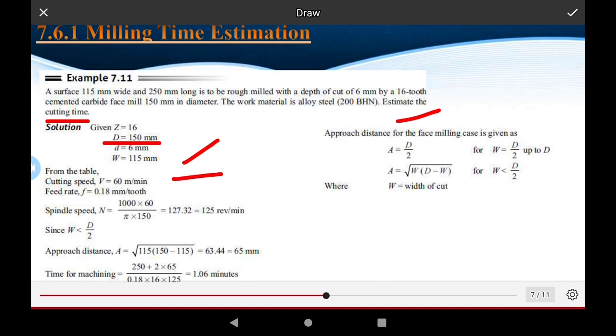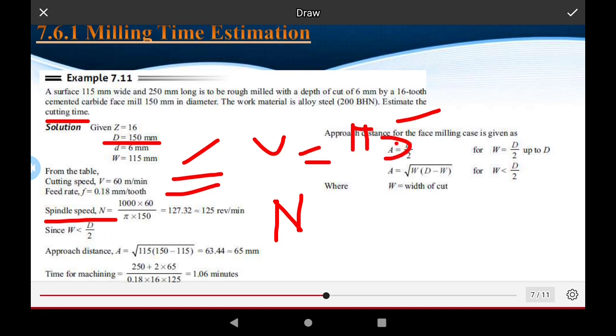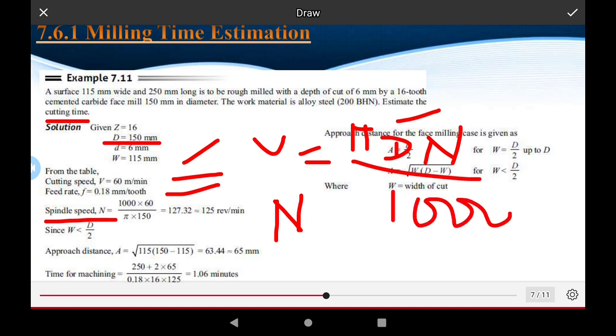The feed rate from the standard tables is 0.15 mm per tooth. The required spindle speed N is found from the formula v equals pi D N upon 1000. Use this formula and find the value of N.